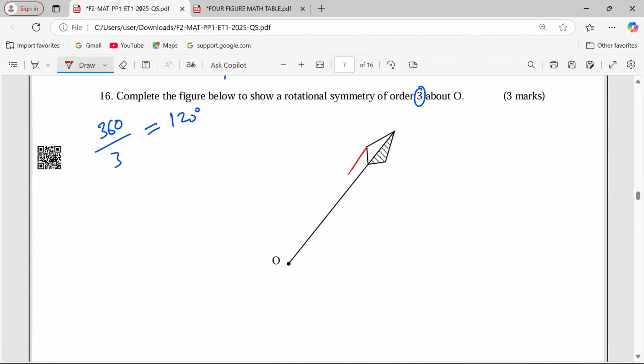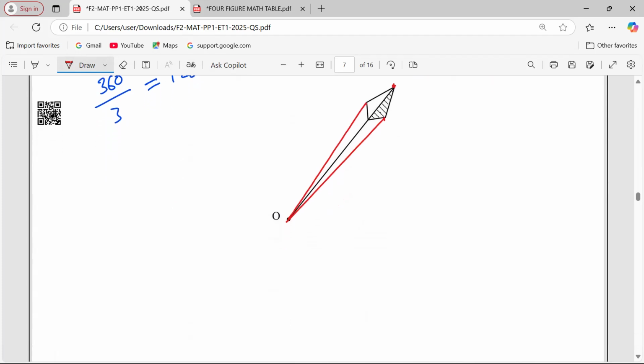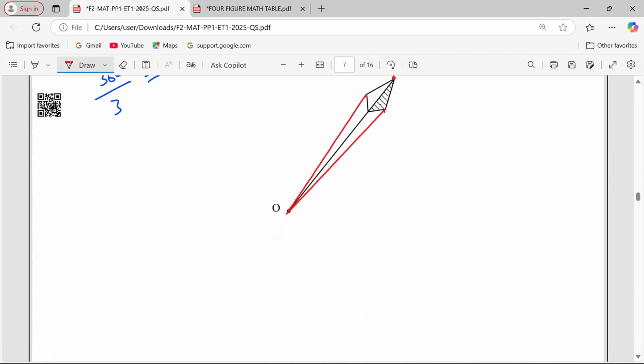We join this one to the center. We also join this part to the center. We also join this other tip to the center. And we measure angles of 120. We can either measure or even construct 120, because it's among the special angles which can be done without even a protractor.